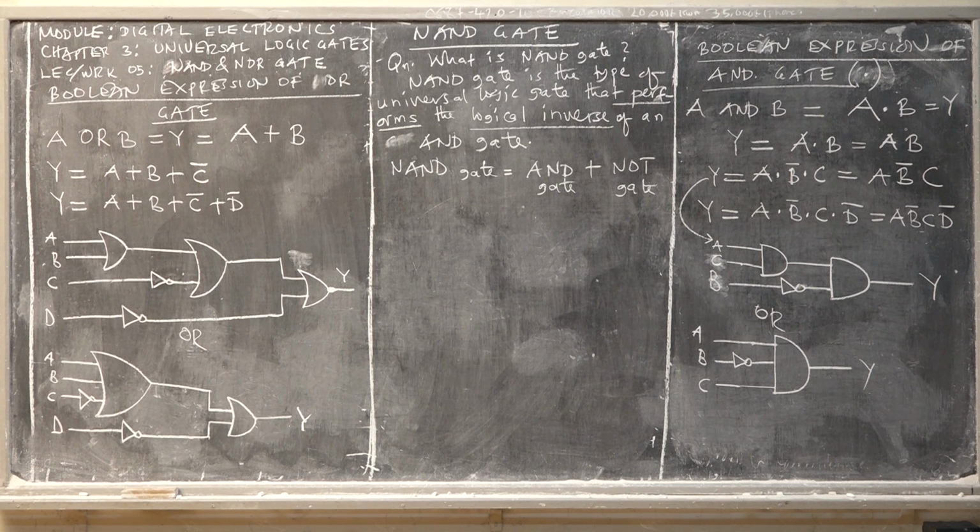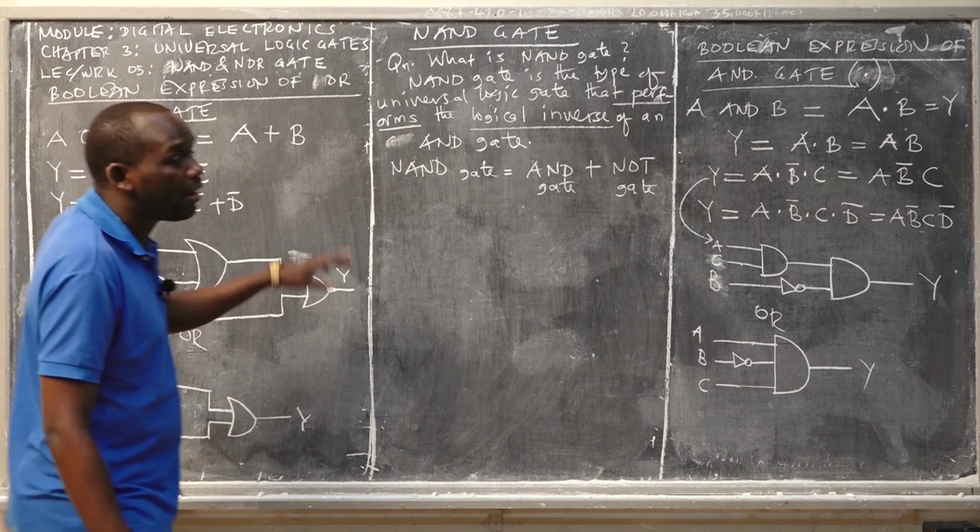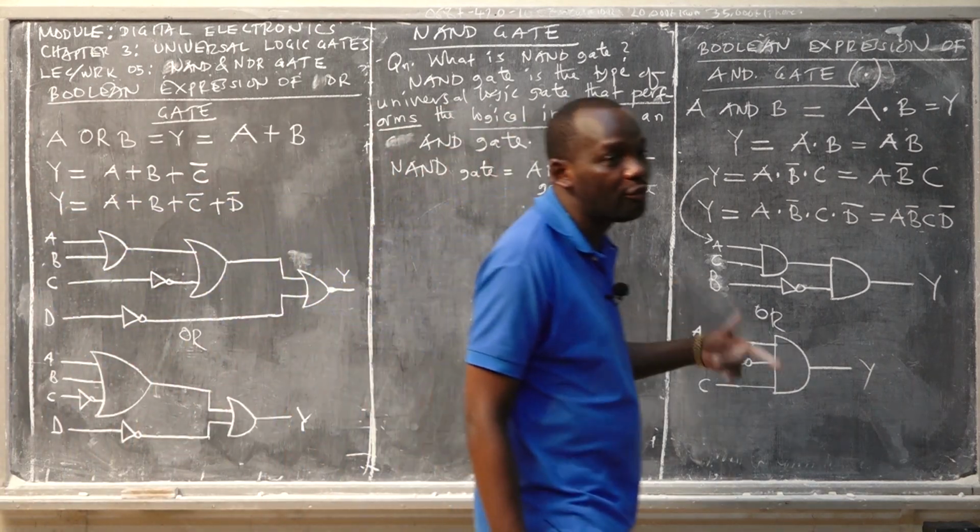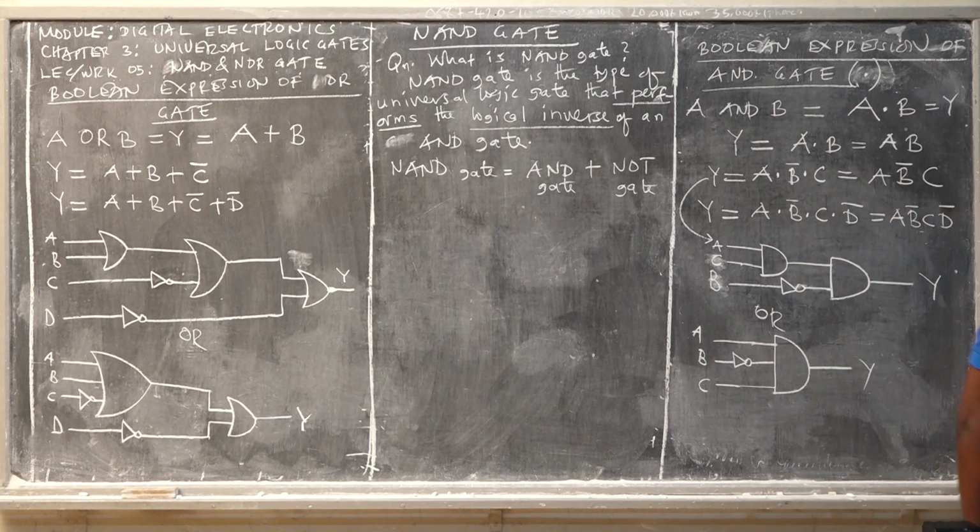So now Pili is going through the previous lecture. Mohammed, what is AND gate? AND gate, the type of gate that performs multiplication. Very good. So AND gate is one of the basic or fundamental logic gates that perform multiplication of binary inputs.